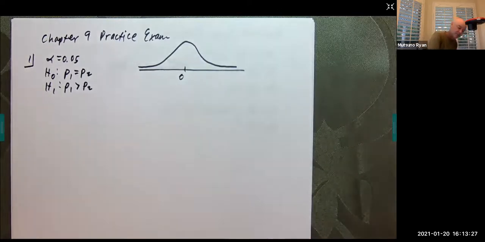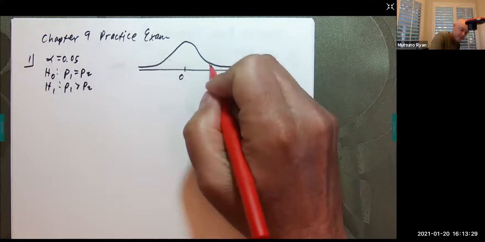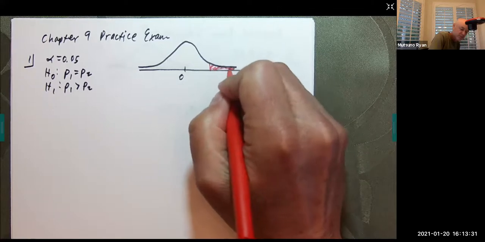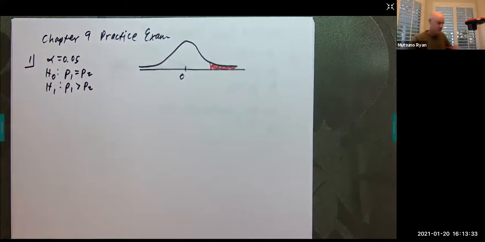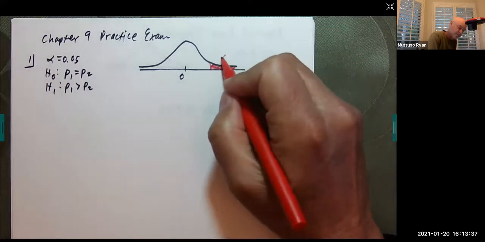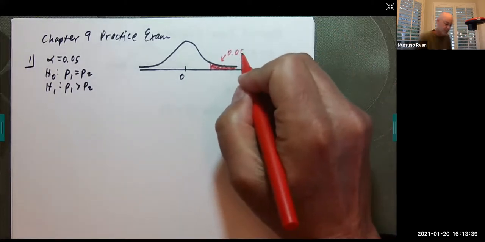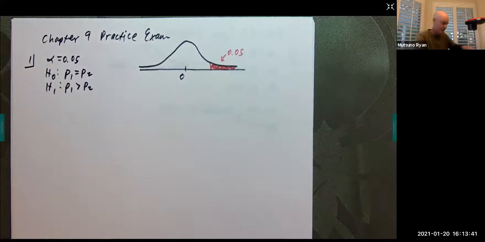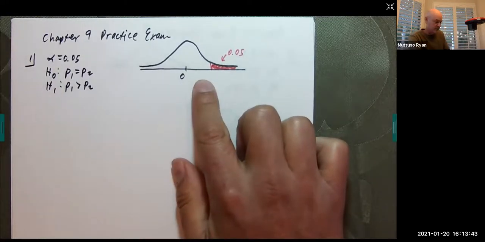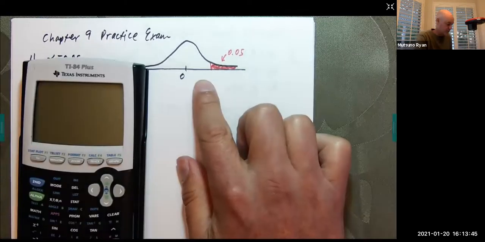Zero. And this area here is 0.05. It's all there. And we're looking for this value. We can get that by doing inverse norm.